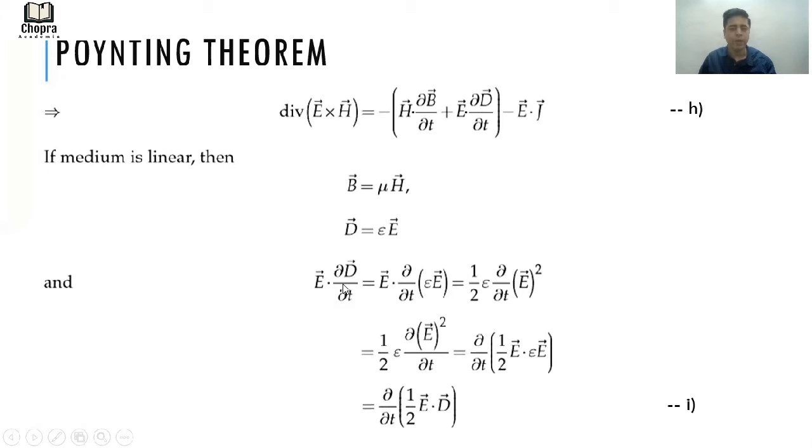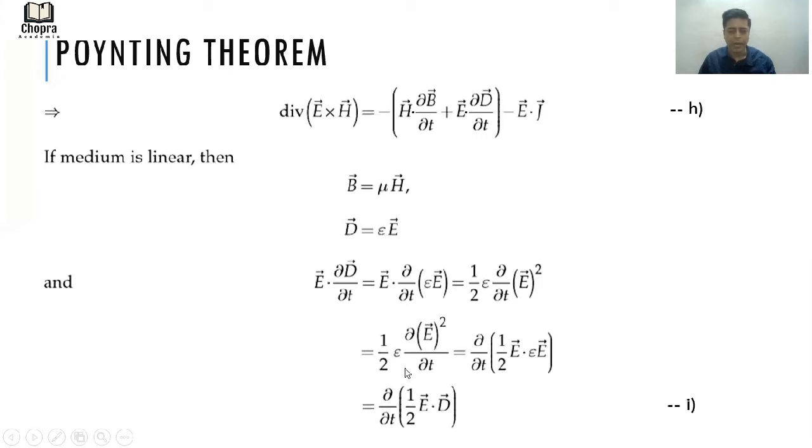We write E dot dou D by dou T is equal to E dot dou by dou T of epsilon E. Now D is equal to epsilon E, which again can be rewritten as half of epsilon dou by dou T of E square. Now this is a very simple formula wherein we have dou by dou T of say x square, which is equal to 2x dou x by dou T. So that same thing I've used here to rearrange into this fashion.